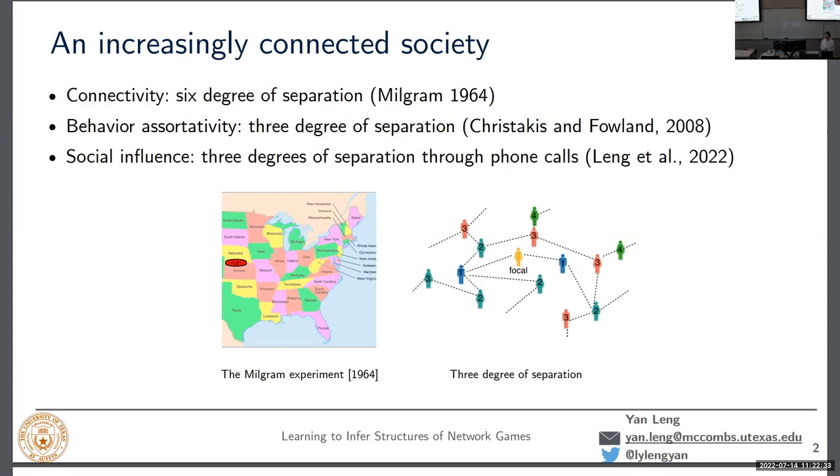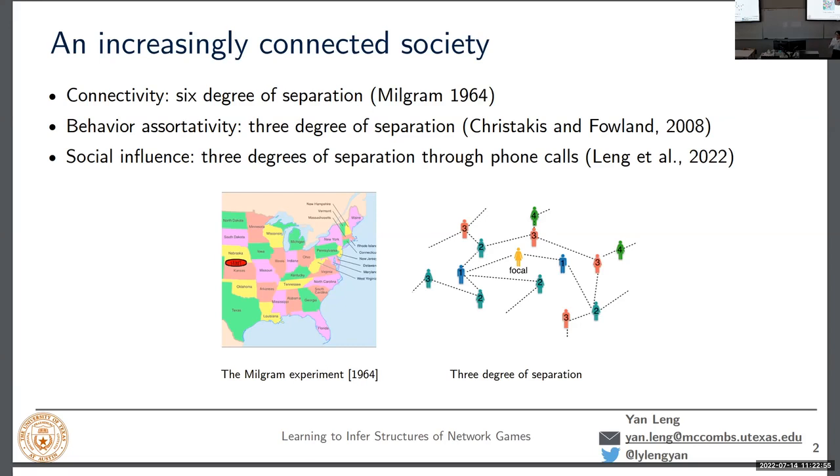He found that on average it would take 6 degrees of personal acquaintances to accomplish the task. Facebook did a follow-up study, and they found that this connectivity was reduced to about 4.5 degrees of separation about 5 years ago. This is only related to connectivity, how people connect to one another.